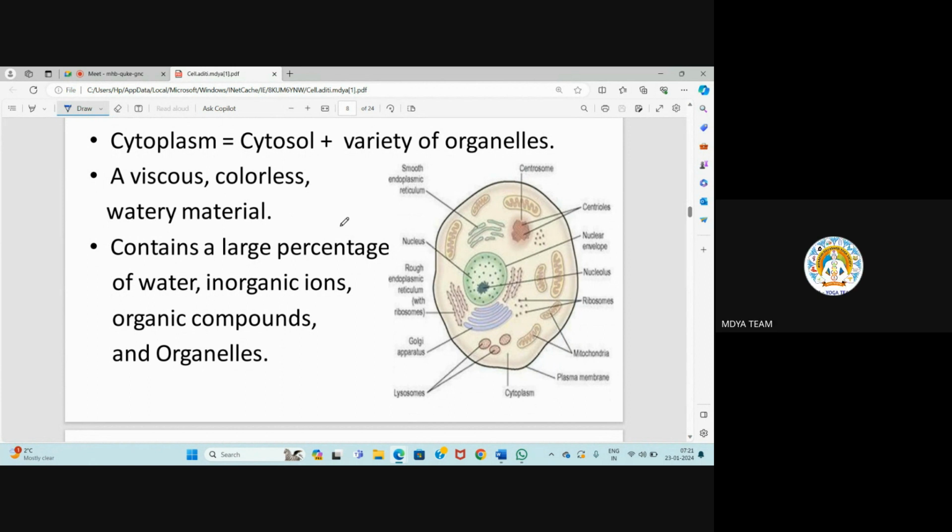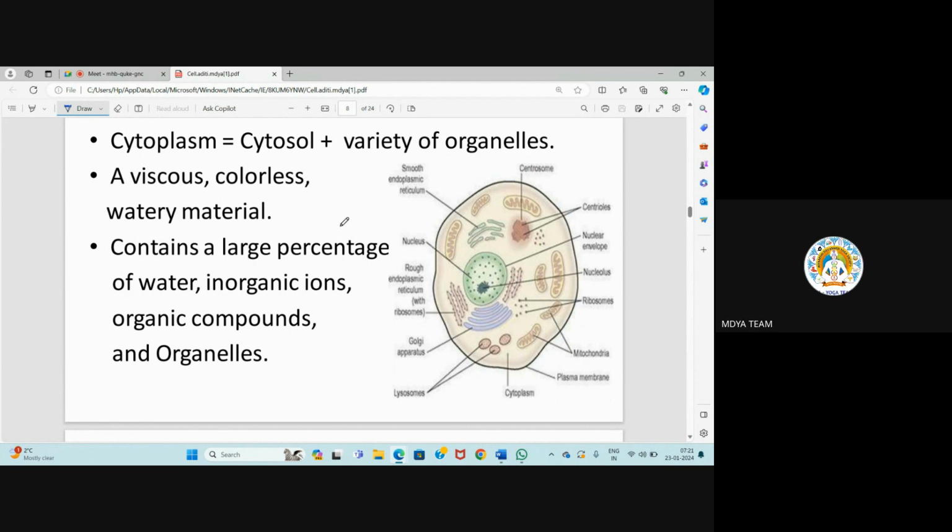In eukaryotic we have a separate structure, but in prokaryotic we don't have a separate structure. Is that right, ma'am? Yes, you can say that. Okay, ma'am. Thank you.